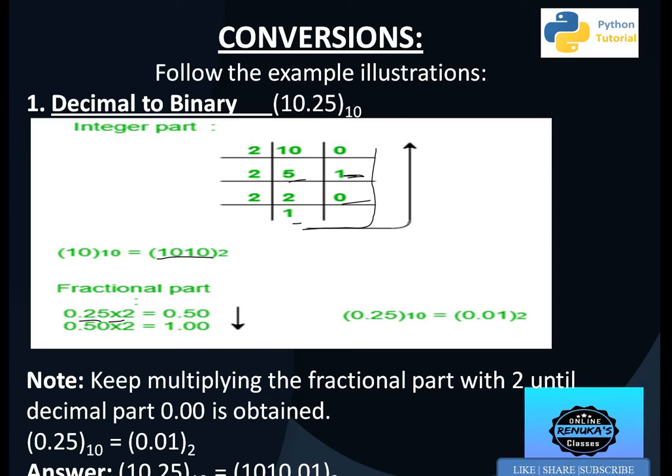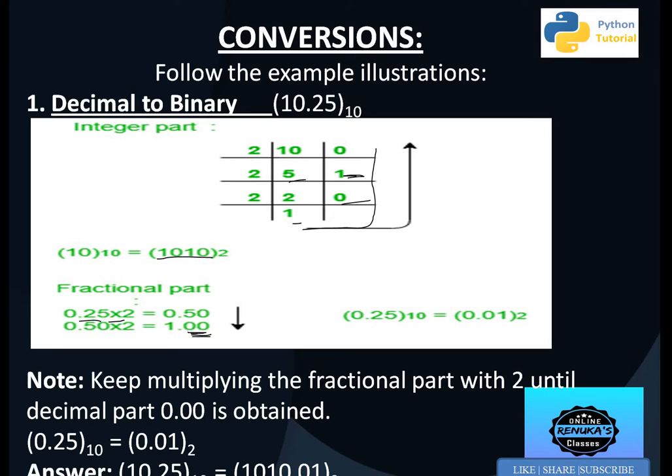We repeat this process until we get 0 in the fractional part of the multiplication. Again 0.50 multiplied by 2 gives 1.00. At this time we stop, and the equivalent for the fractional part will be 0.01 in base 2.